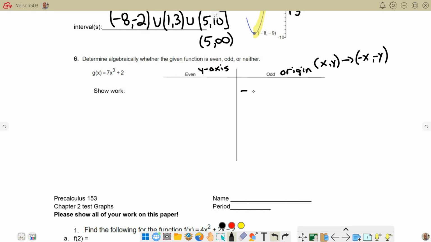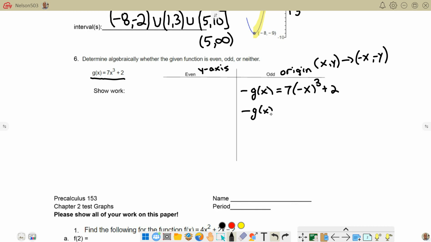I'm going to say negative g of x, that's my -y right there, is equal to 7 times -x cubed plus 2. So what should happen is if I plug a negative x in and a negative y, do I have it going right back to the original function? Does it look identical to this after I simplify all this stuff? So let's try it.